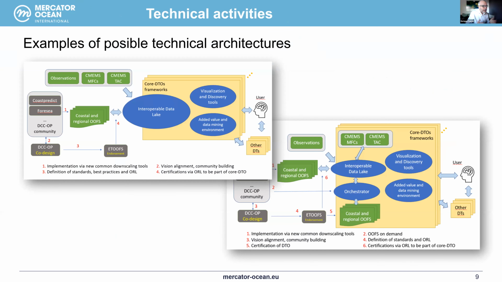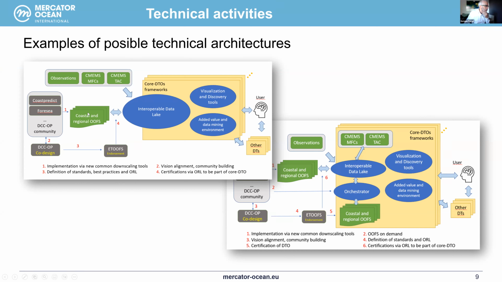So those are, please don't take them very seriously. This is light. This is just examples of what I'm talking about when I'm talking about defining an architecture. You can imagine here on top an architecture with several core DTOs, one in Europe, one in America. All of them should be connected. Then you have the visualization and discovery tools, data mining tools, artificial intelligence.